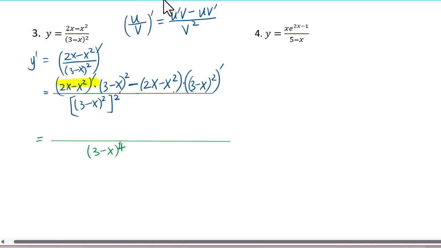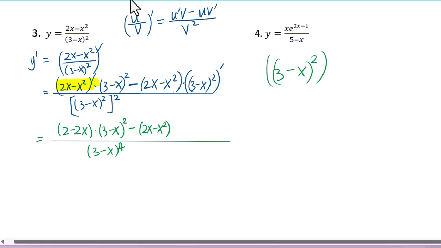Work out this prime, which is 2 minus 2x times 3 minus x squared minus 2x minus x squared. Work this out: 3 minus x squared prime.